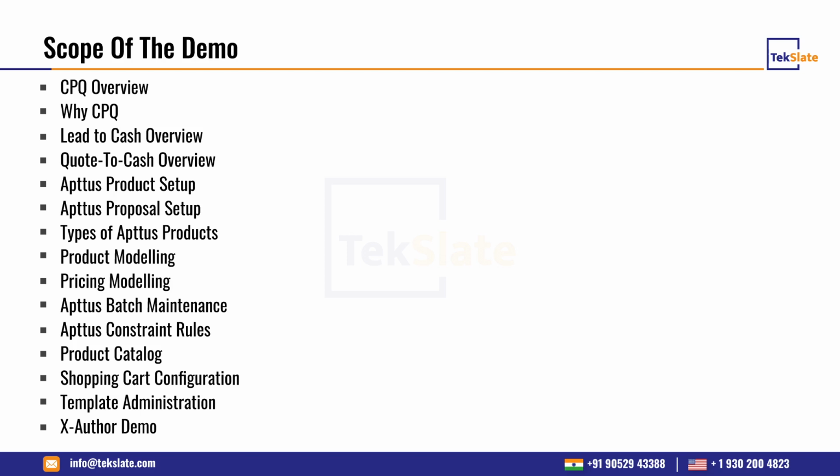And lastly, we have template administration. Template administration is nothing but this: when a quote, which is nothing but a proposal, is created and finalized, we have to send it to the customer to review what all the products are added, how the pricing is being done, and what all the discounting has been done.